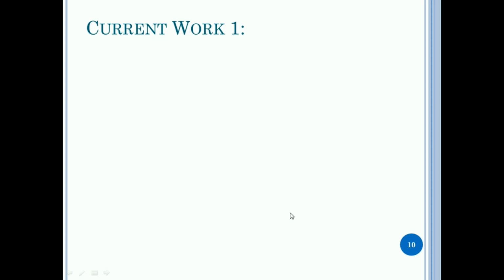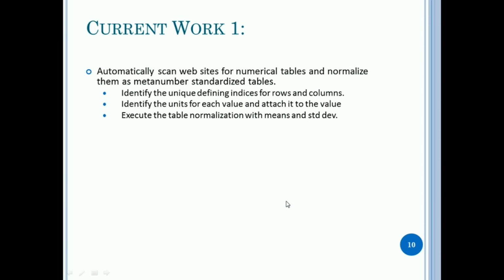In our current work, we are automatically scanning websites for numerical tables and normalizing them as MetaNumber standardized tables. And we're going to input those non-standard tables and process those into the Markov matrices as we just described. Then we execute the table normalization with means and standard deviation. Then we perform the eigenvector-eigenvalue analysis to identify the clusters.